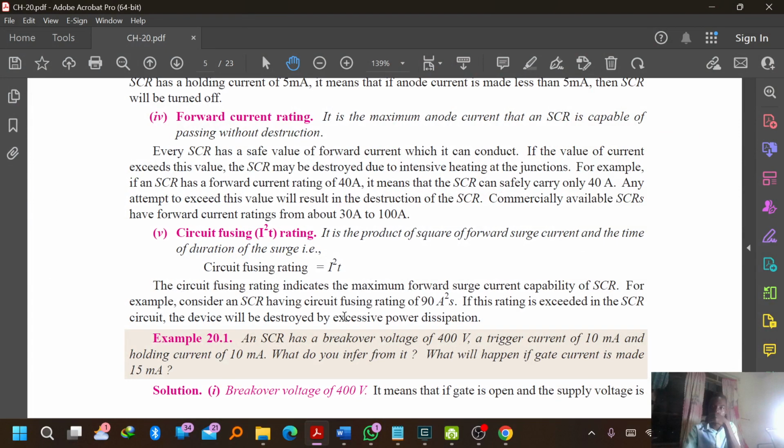What they're calling the circuit fusing rating is simply a formula. They're saying the circuit fusing rating is the product of the square of the forward surge current, I'm going to explain those terms, and the time duration of the surge.